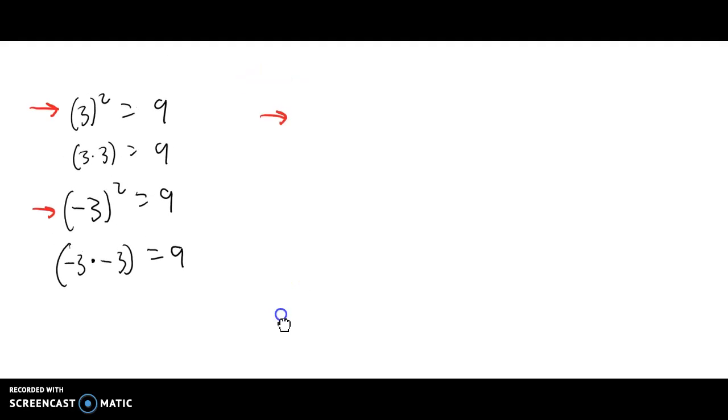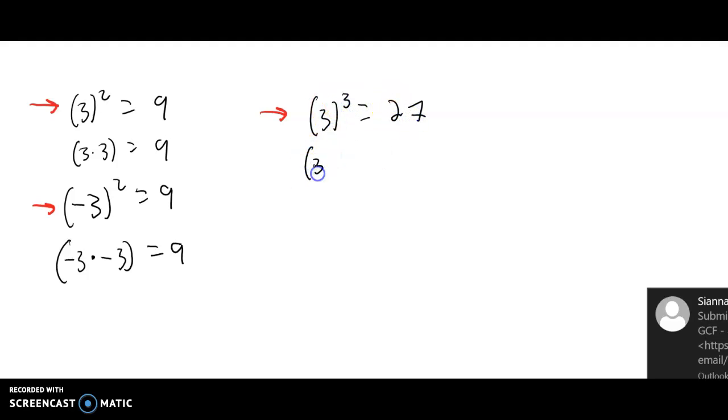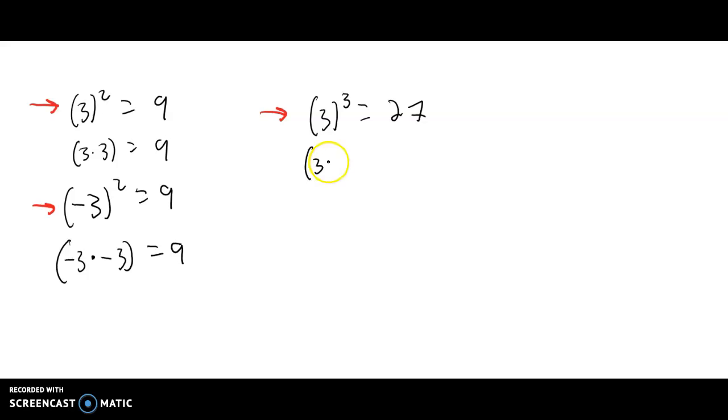Now, if I cube 3, I get 27. That comes from 3 times 3 times 3. But what happens if I cube negative 3?